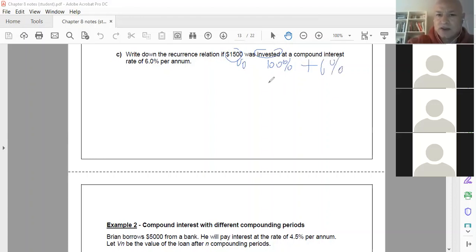So divide this by 100. I'll do the whole steps here. Plus 6 divided by 100. It's going to give me 1 plus 0.06. So 1.06 is that rate that we're putting in. So now we're going to write our recurrence relation over here.